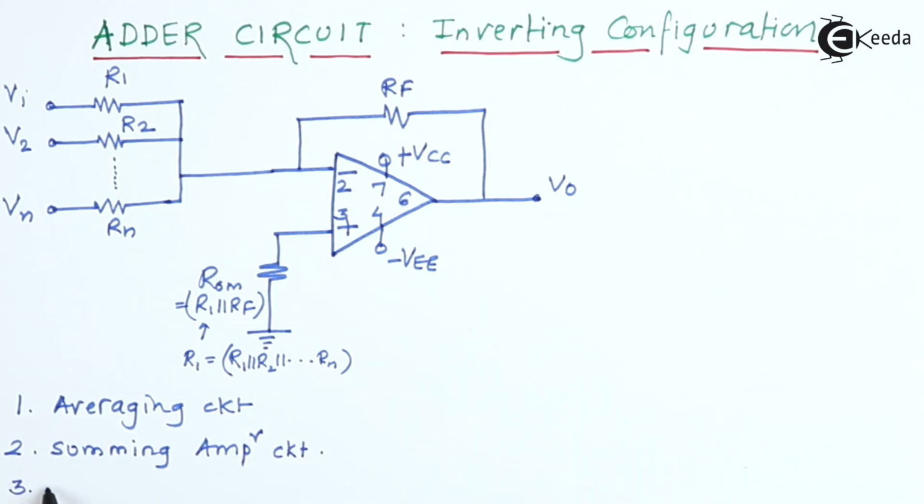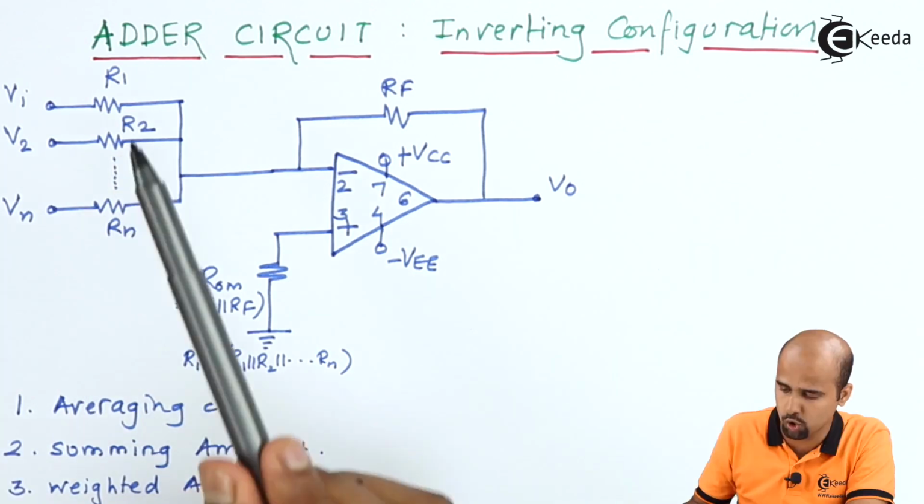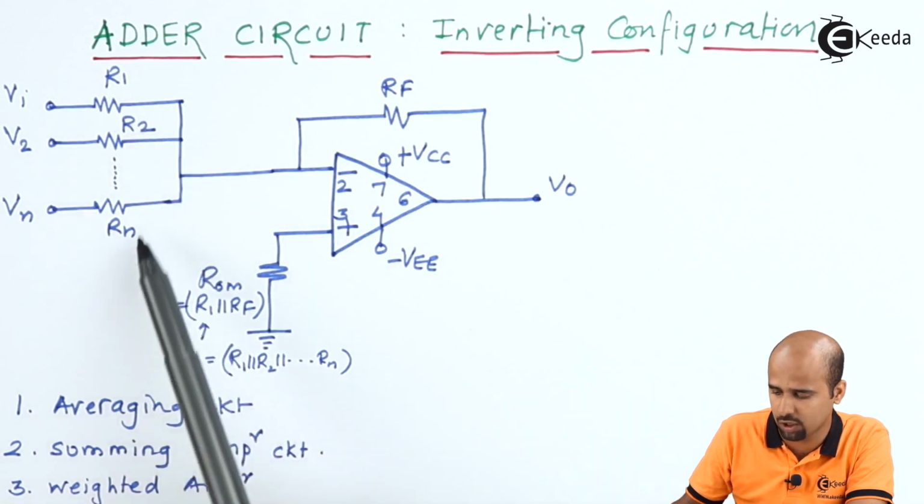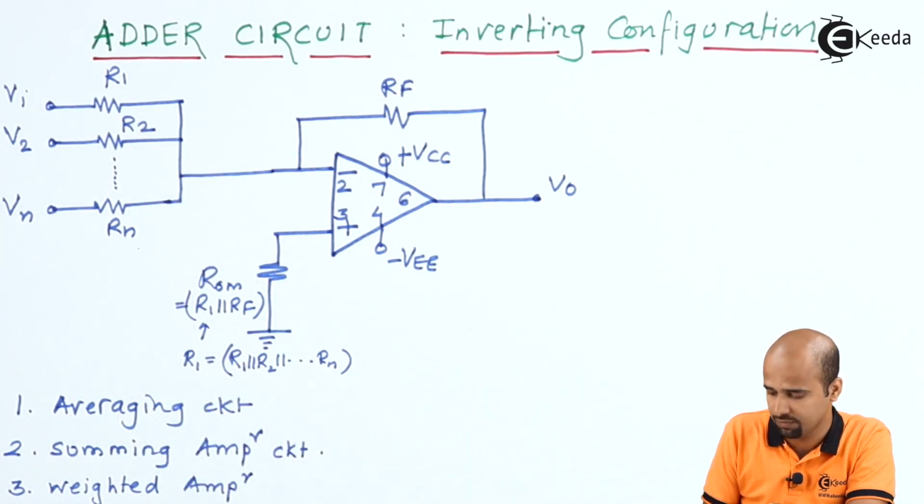Third one is the weighted amplifier circuit. With different ratios of R1 and RF, or the relationship of R1, R2 and Rn, we will be getting three different categories of adder circuit with inverting configuration.